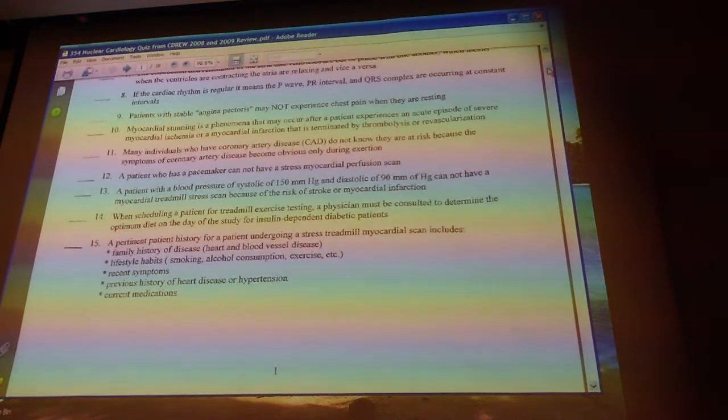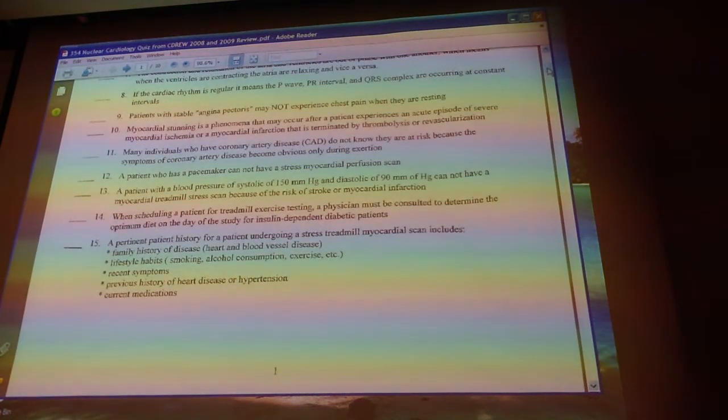You could also use it for lexiscan too. But for adenosine, you just stop the flow, because it has a short half-life of only about 10 to 15 seconds.